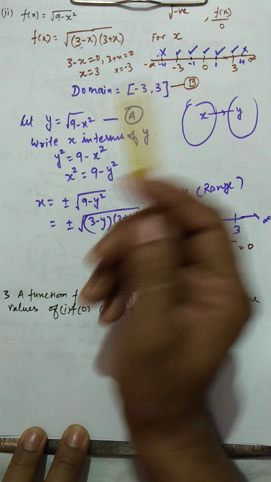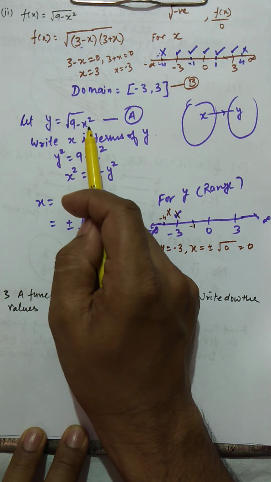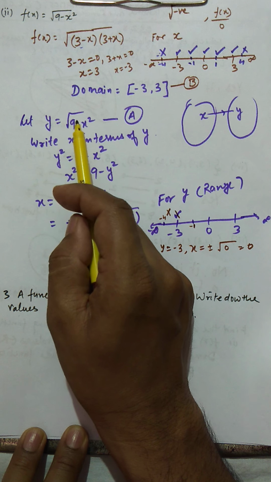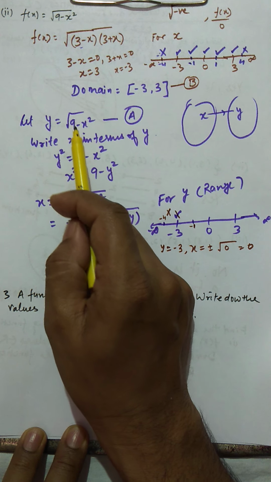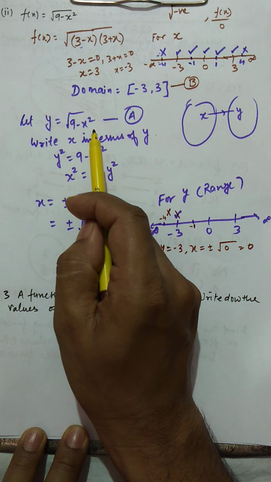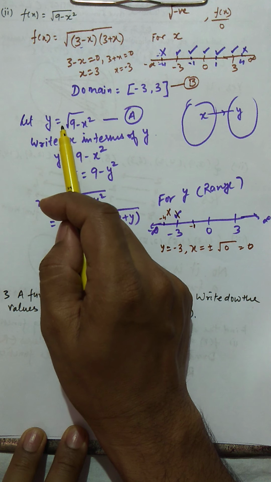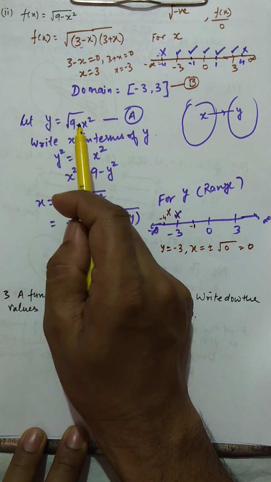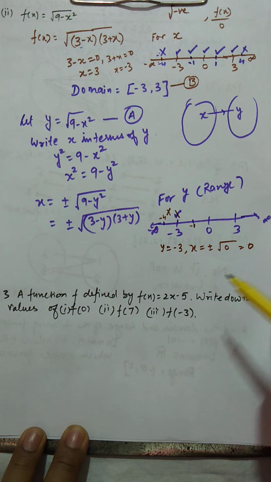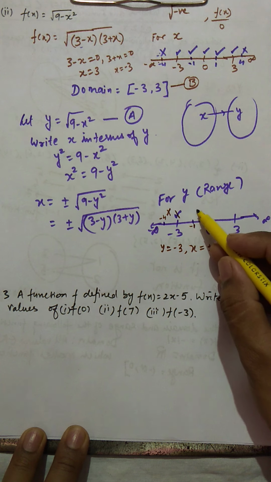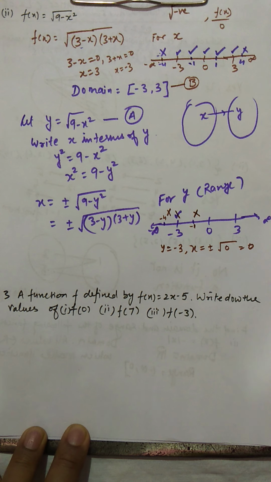Can you put any value of x from this domain which makes it negative? No, the number inside the square root cannot be negative, and whatever answer comes from the square root will be positive. It means y is always positive. So y equal to -3 cannot be taken, and this complete interval cannot be taken.